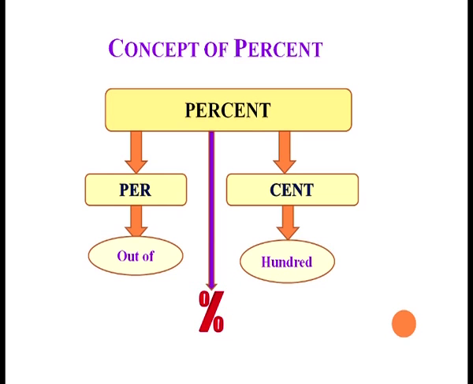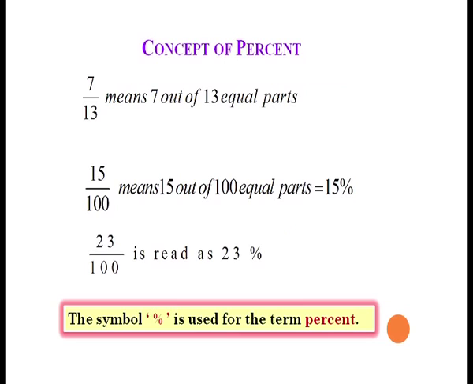You must be familiar with the concept of fractions. 7 by 13 means 7 out of 13 equal parts. 15 by 100 means 15 out of 100 equal parts, that is 15%. 23 by 100 is read as 23%, because when the denominator of a fraction is 100, we read it as a percent.